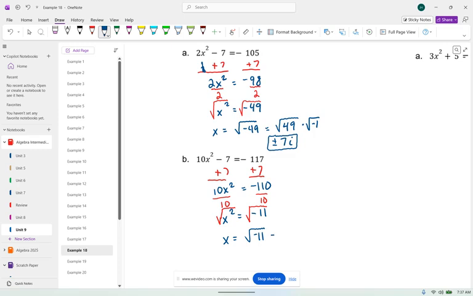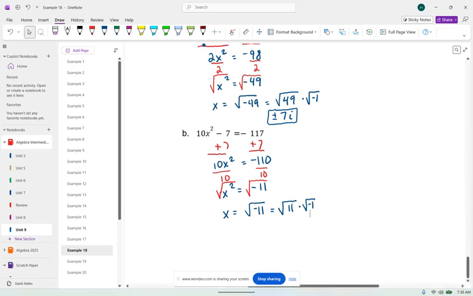Well, I can split this up into the square root of 11 times the square root of negative 1, but the square root of 11 is just going to stay the same. 11 doesn't have any factors that are perfect squares, so I can't factor any perfect squares out. And so I'm just going to leave it as x equals positive or negative square root of 11, and then the square root of negative 1 is i.